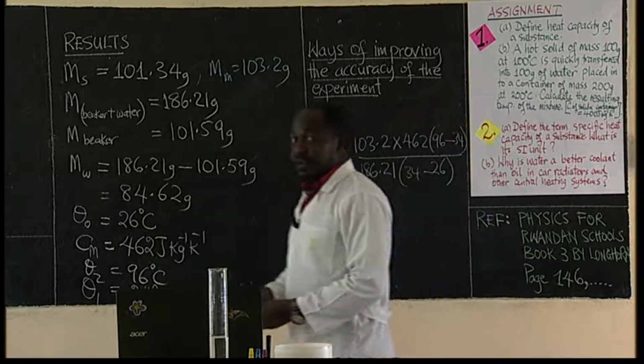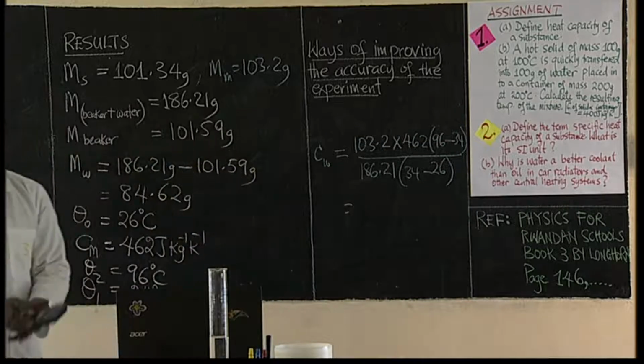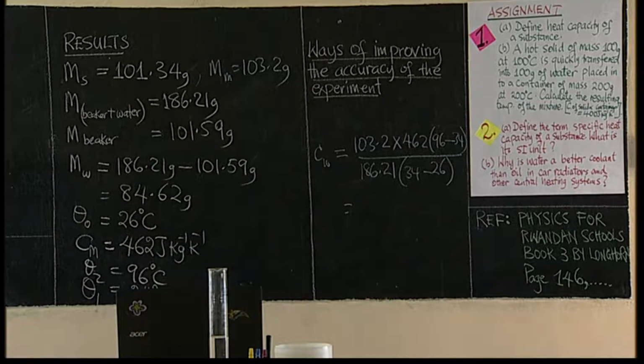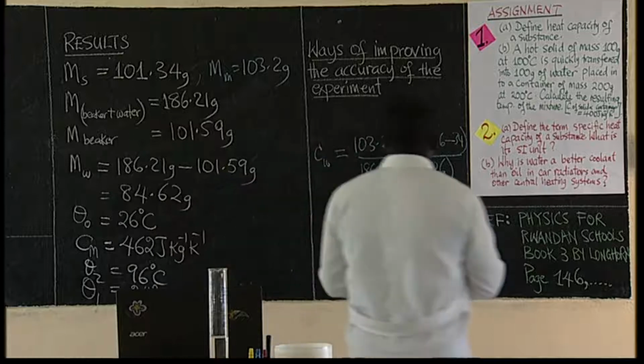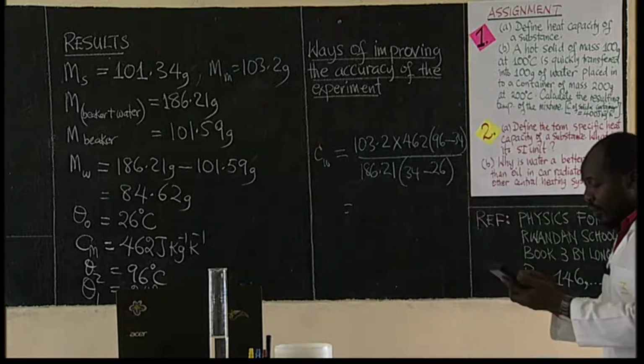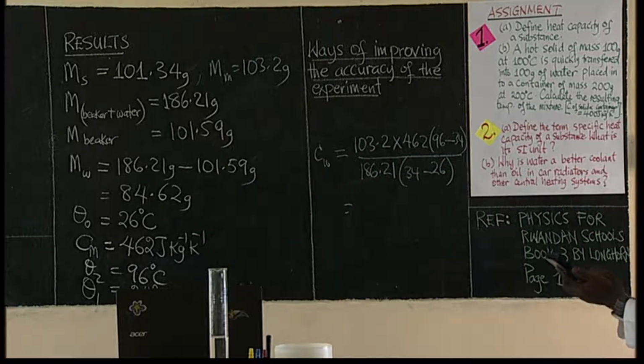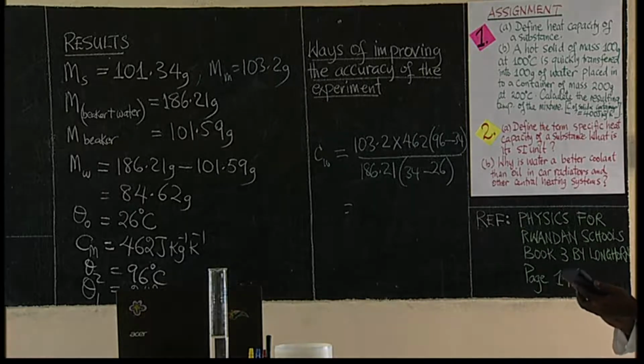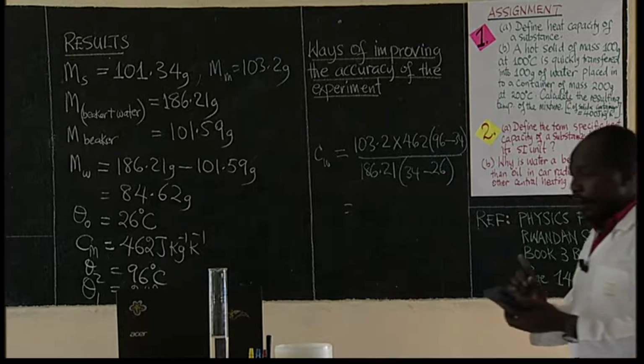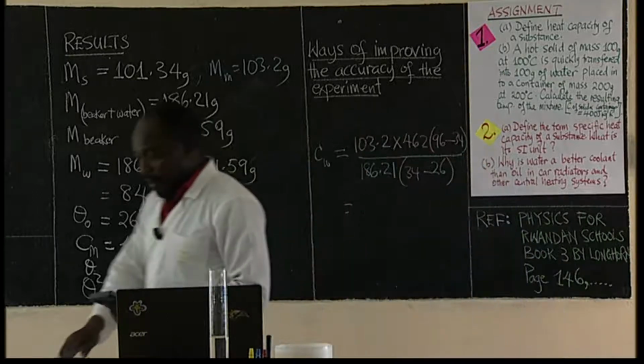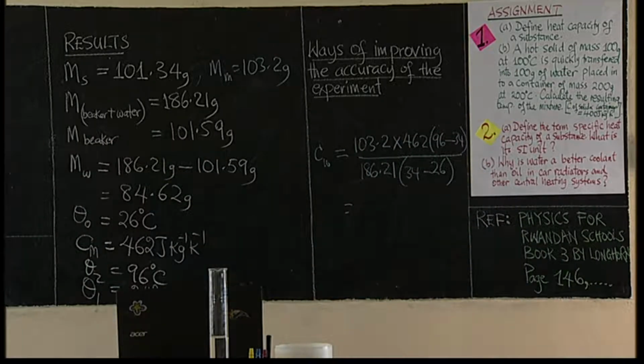Okay, let's just compute that very quickly. So you have 103. Can you press it together with me? Okay. All right. Let's check again.